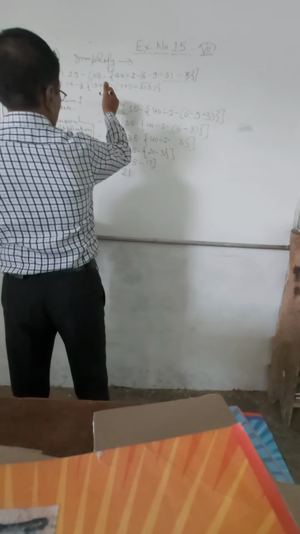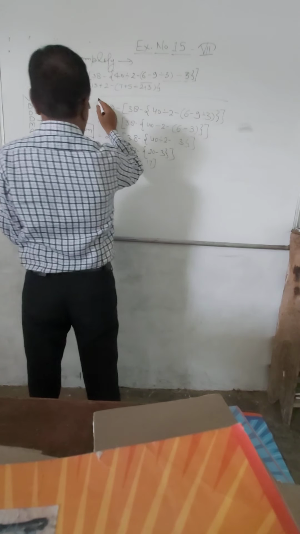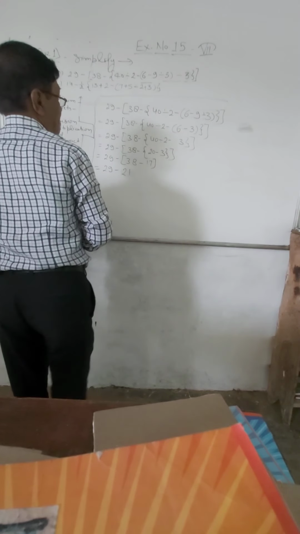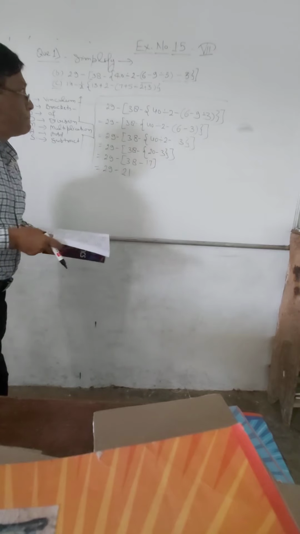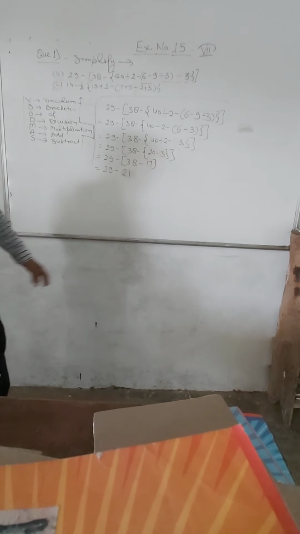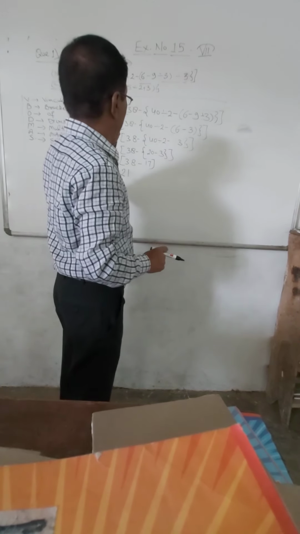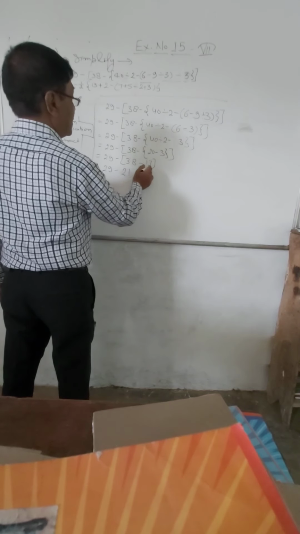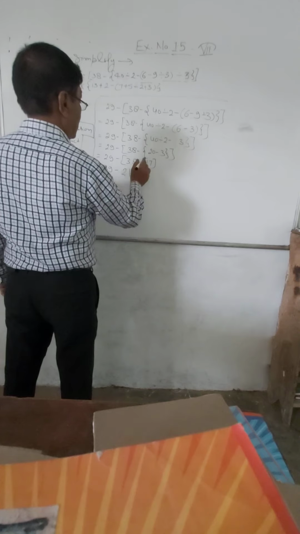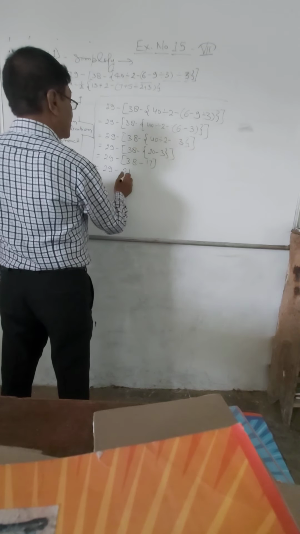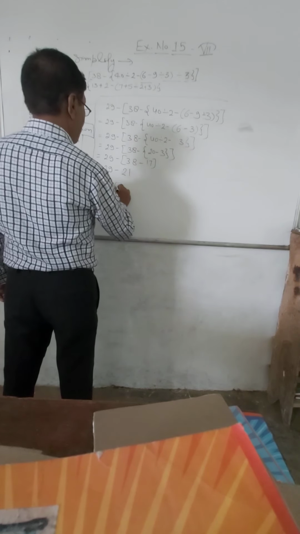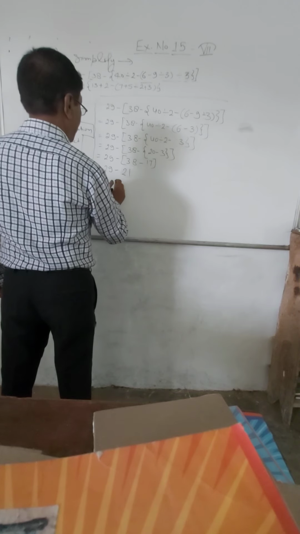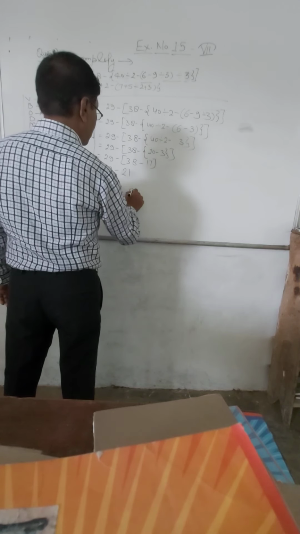Suppose this is the problem. Six minus 3 divided by 3. Now here 38. So again subtract this one. 8. So the answer is 8.